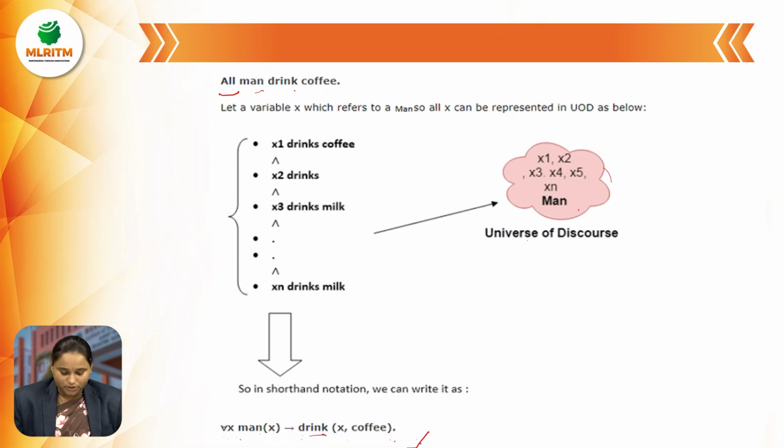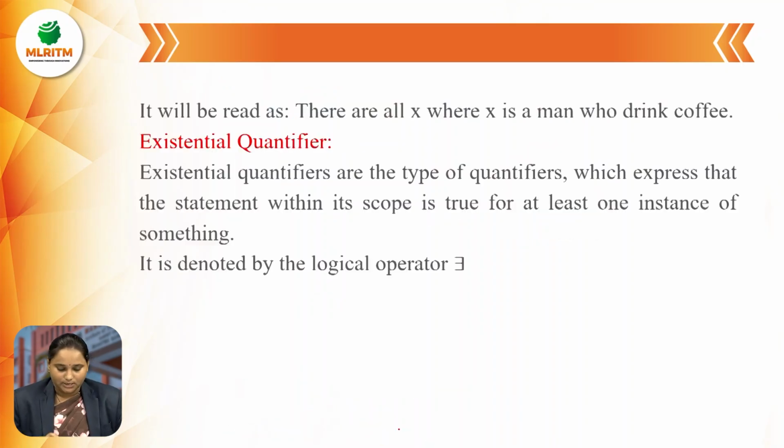This is a shortened notation. For all X: X1 drinks coffee, X2 drinks coffee, X3 drinks coffee or milk, Xn drinks coffee. So everyone drinks is common. Maybe some of them are drinking milk and some are drinking coffee, so this can be represented as drink(X, coffee).